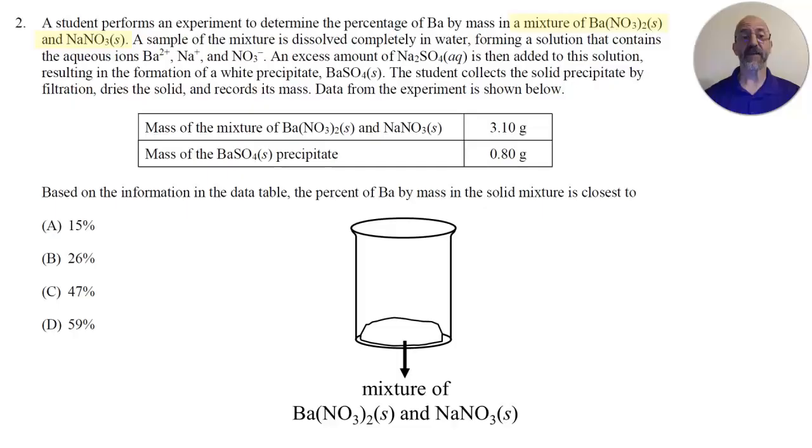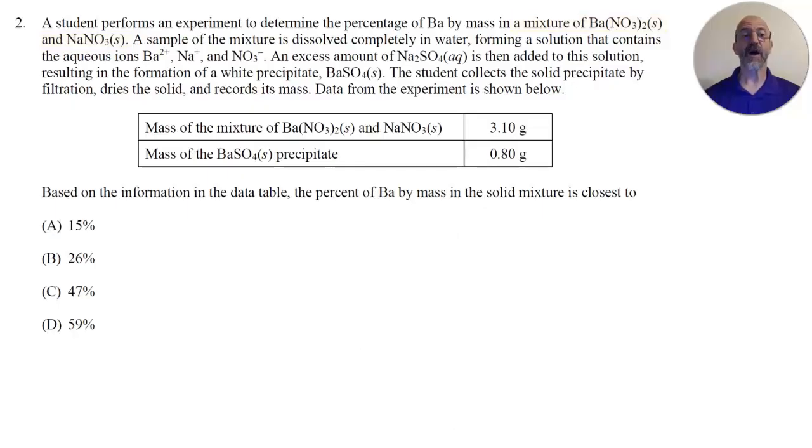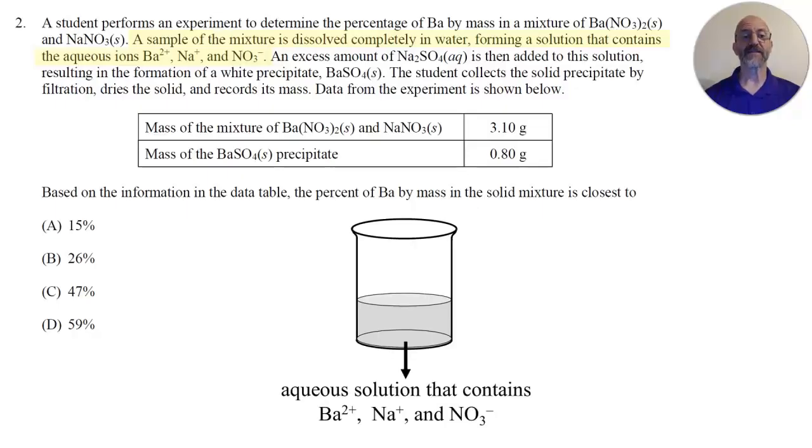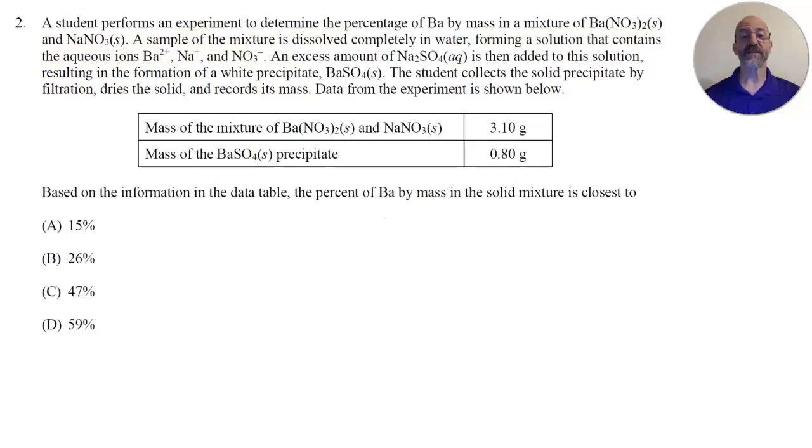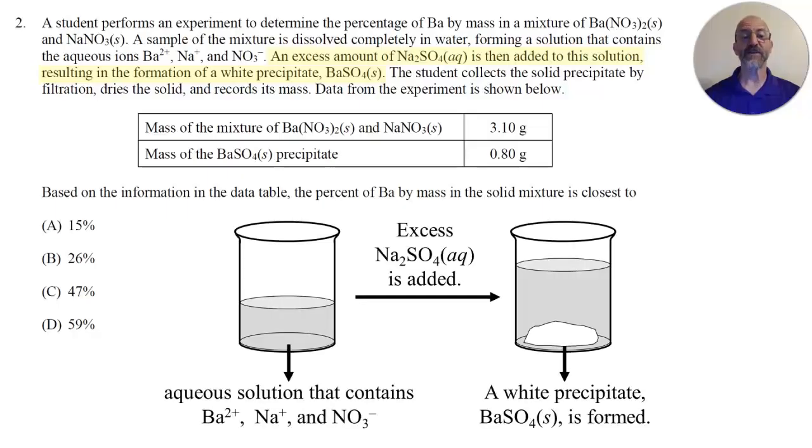The next step in the experiment is that a sample of the mixture is dissolved completely in water, forming a solution that contains the aqueous ions, barium 2+, sodium+, and nitrate NO3-. The next step in the experiment is that an excess amount of aqueous sodium sulfate is then added to the solution, resulting in the formation of a white precipitate, barium sulfate.